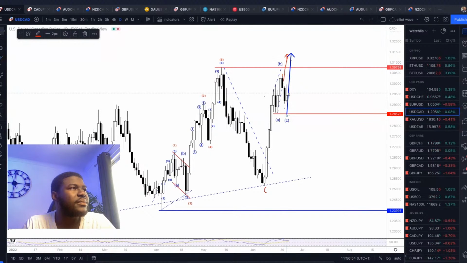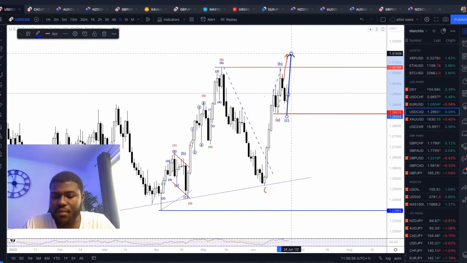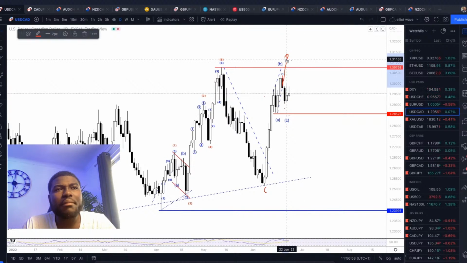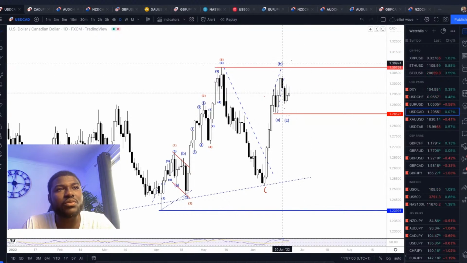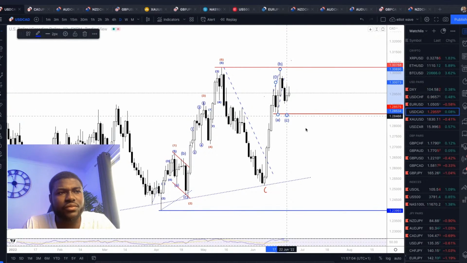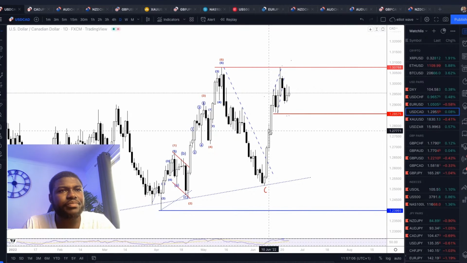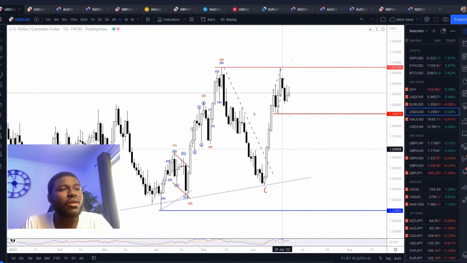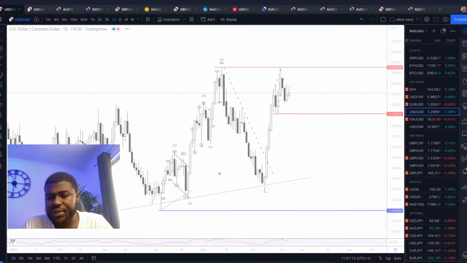I want to try and make my chart as clean as possible so that I can see what I'm analyzing better. Okay, yeah, I think that's enough. Let me go into the 4-hour time frame.